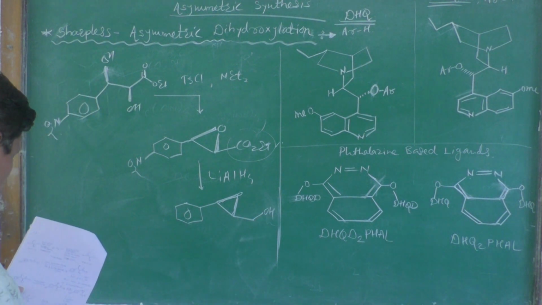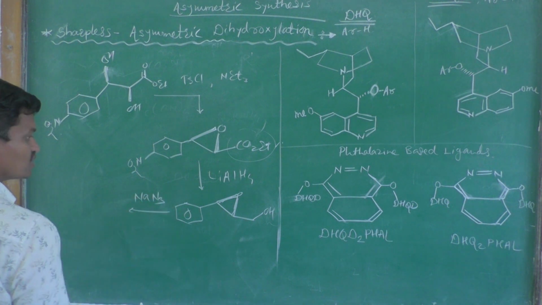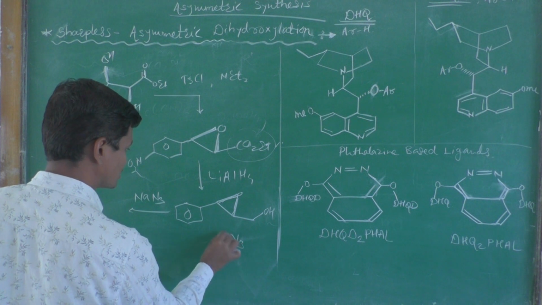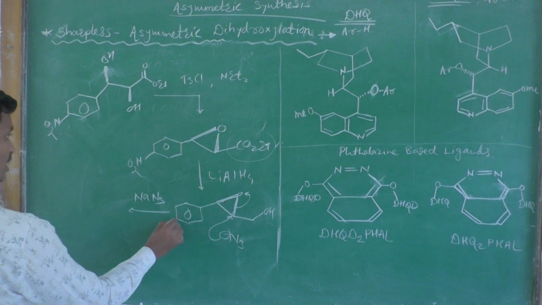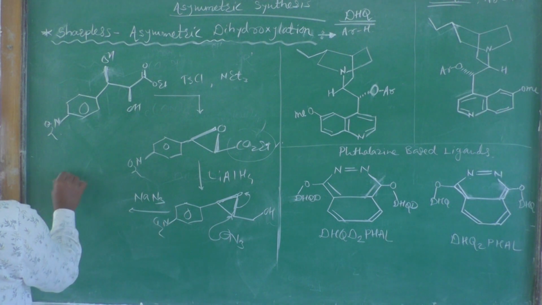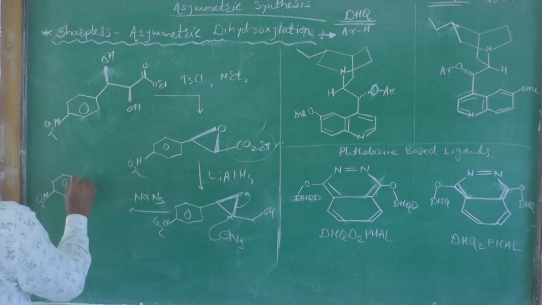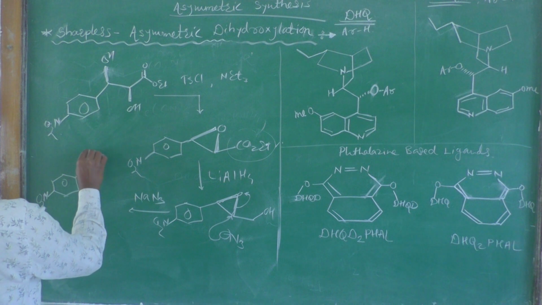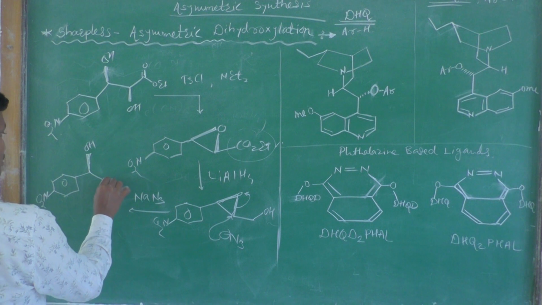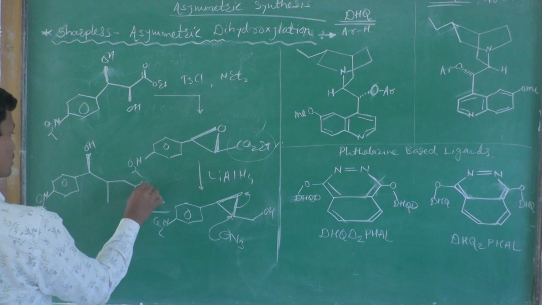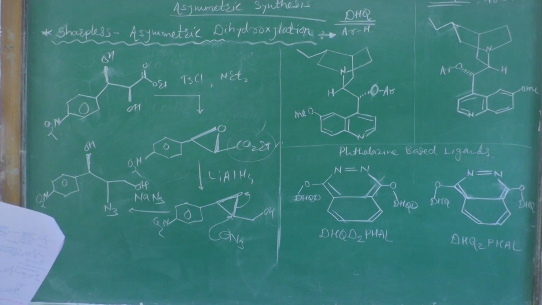The next step is attack of azide, sodium azide, NaN3. So this is an epoxide, N3 minus will attack on this carbon, and the epoxide ring will open. The para-nitro group is as it is. So we are getting hydroxy beta, CH2OH, and we are getting N3 here.